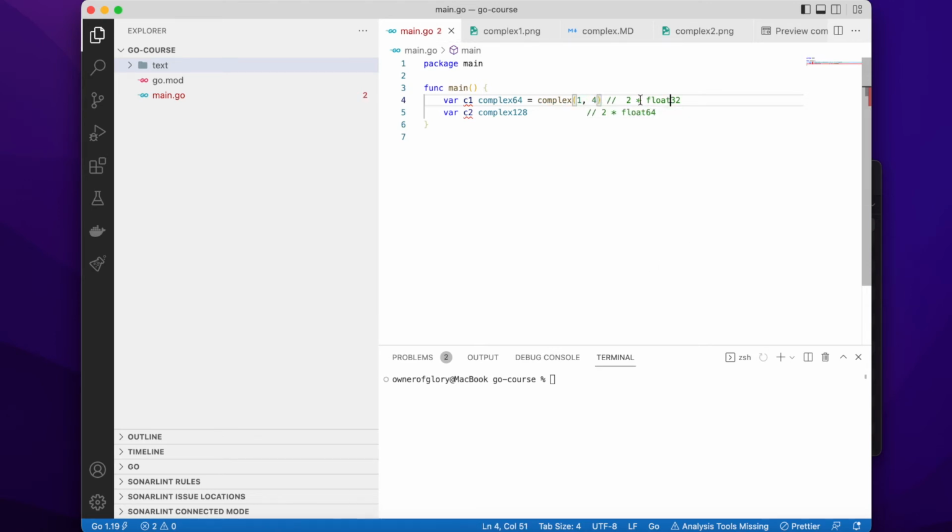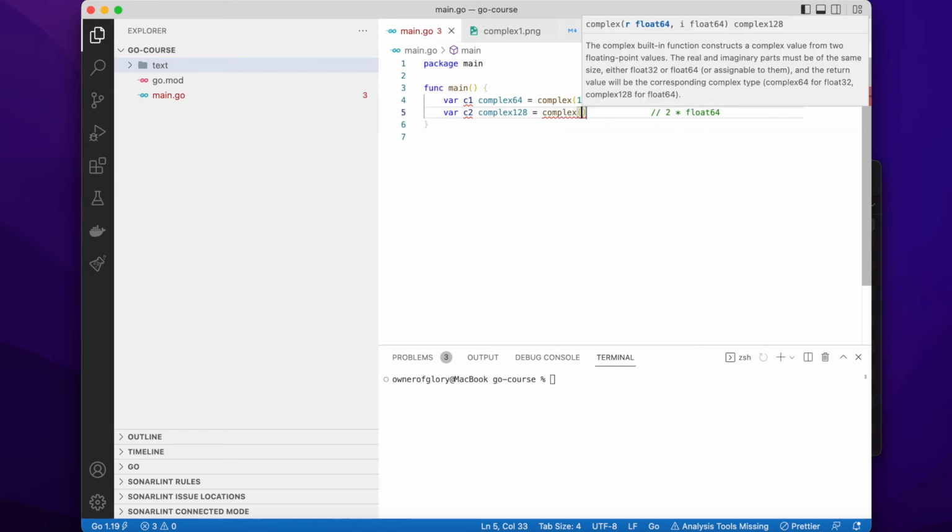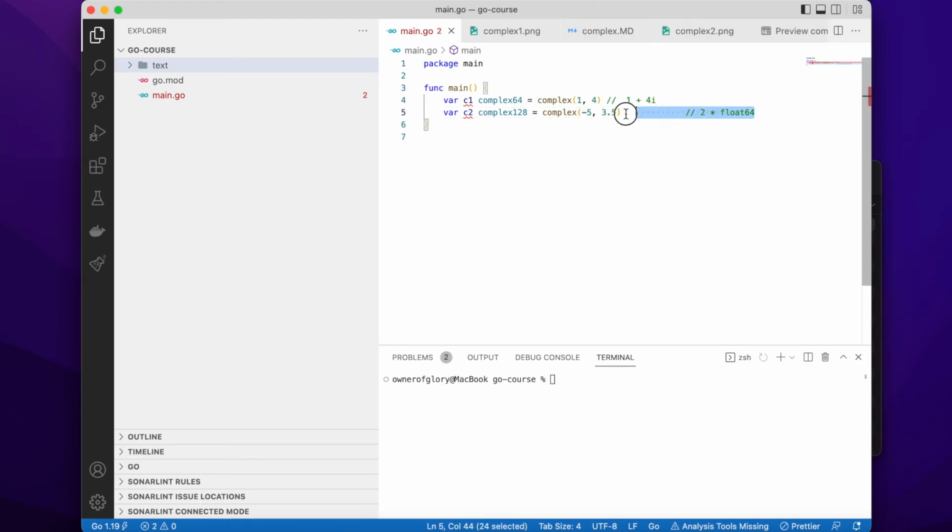In this case, I've just created a complex number which represents this kind of number in math. Let's initialize this one using the same function, complex, and I would say it's -5 and 3.5. In this way, I initialize this variable, and its value will be -5 plus 3.5i.